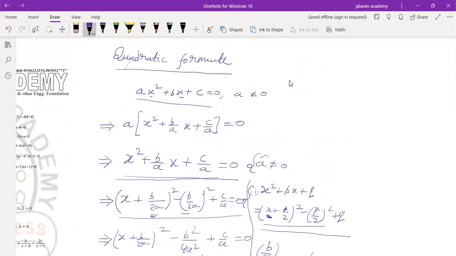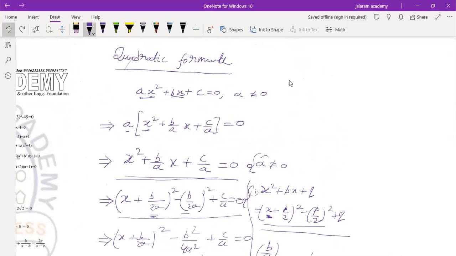First of all, we will take a common from the original quadratic equation, ax square plus bx plus c equals to 0. So when we take a common from this, all the terms will be divided by a. ax square upon a is x square plus bx by a plus c by a equals to 0.